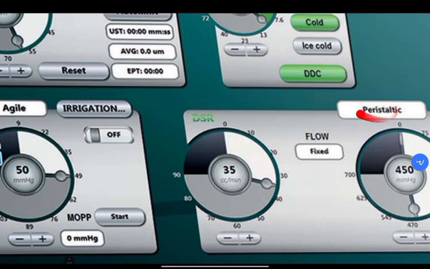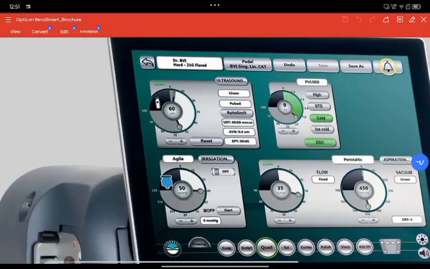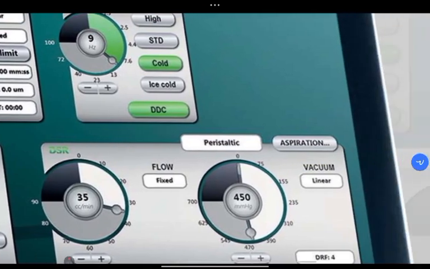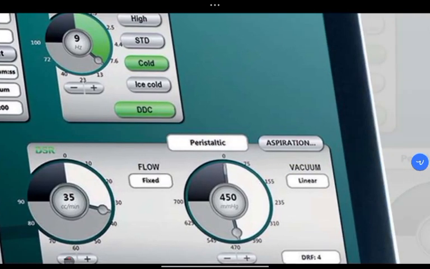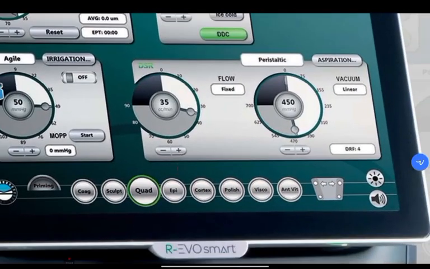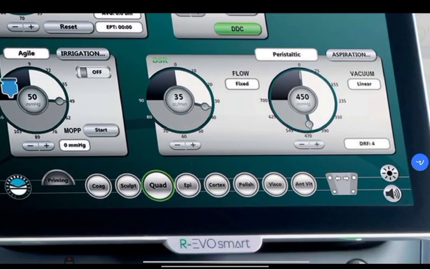We have the peristaltic pump here, function of peristaltic pump, fixed flow and aspiration. So in aspiration we have vacuum linear, we have fixed vacuum flow fix, and as you can see in the picture, there is an option of priming.